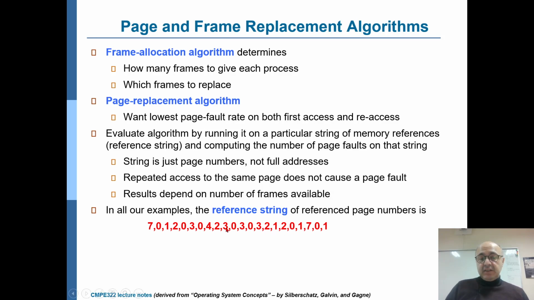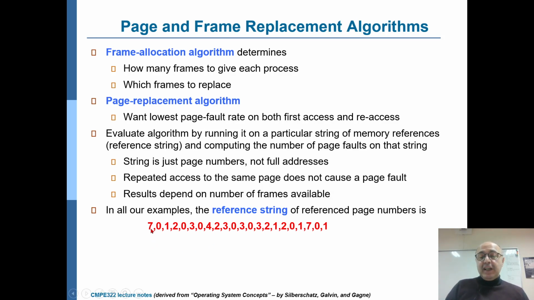But later, of course, at this point, for example, you need to access 1 again. So at this point, you would have another page fault for that specific page. Also note that this reference string is something we have created, so I know what that reference string is, but normally the algorithm doesn't know the future.